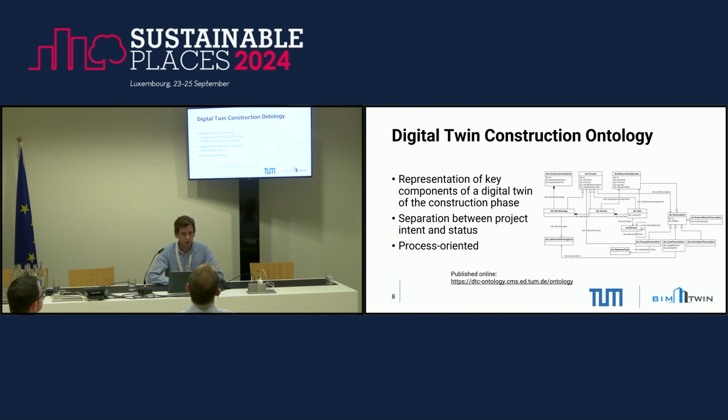We have different types of processes. And what we do here, which might be a bit controversial, is that we separate the project intent and the status, so the plan and the actual execution, because there might be cases, for example, that the plan says there's just one wall, but then in the construction process, for whatever reason, they constructed it in two different parts because they didn't have enough concrete, or because they were running late and didn't have time to do it, and then did it later on.